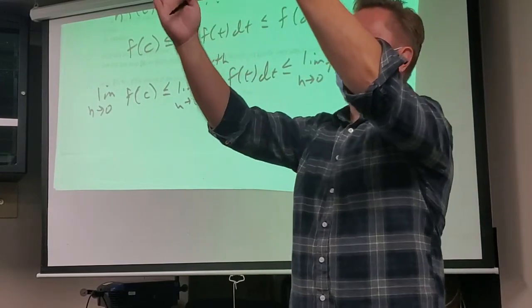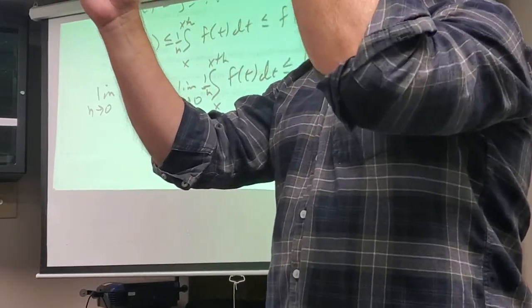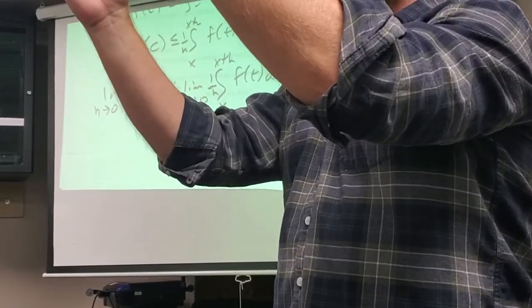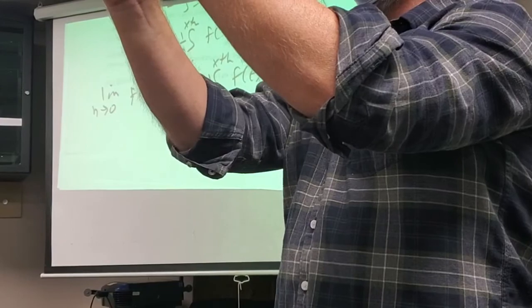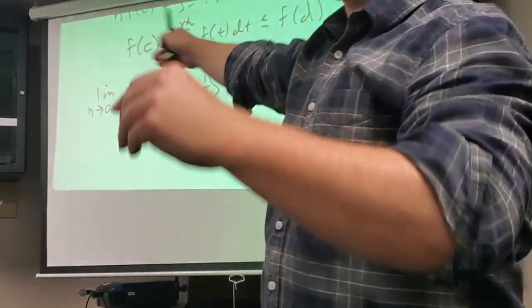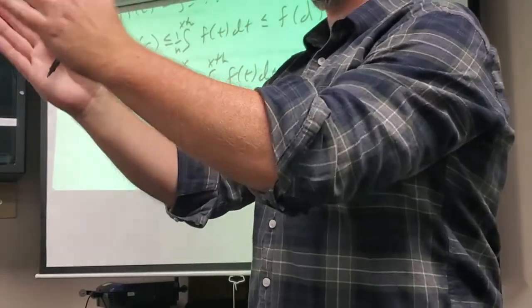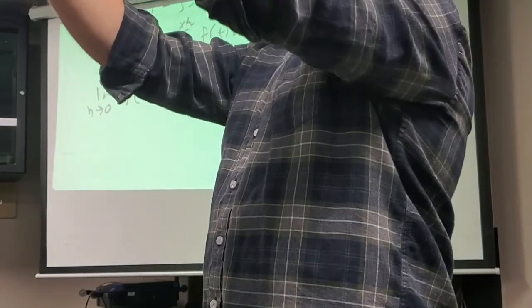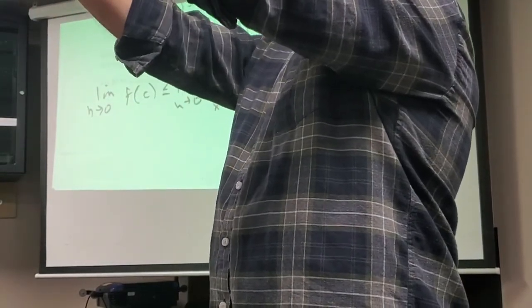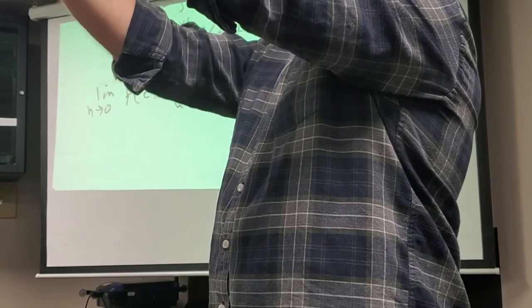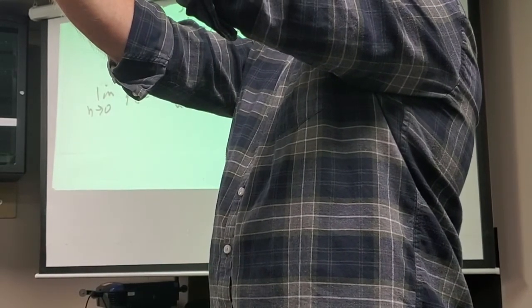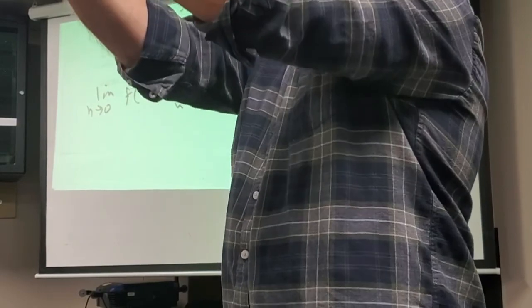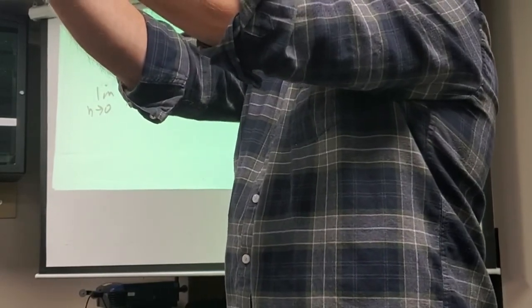So, what happens if C is between x and x plus h, and I let h go to 0, what is C going to go to? X, not 0. C is between x and x plus h, somewhere between. And I let h go to 0, which means this is going towards x. That means that C only has x as an option eventually. So this limit is f of x.